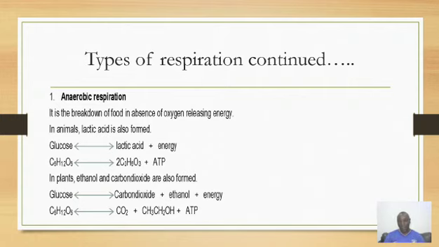I repeat, in animals, glucose is broken down in absence of oxygen, forming lactic acid and energy, and lactic acid is not good for the muscles if it accumulates. Later we shall see how it is dealt with. But in plants, glucose is broken down in absence of oxygen, forming carbon dioxide, ethanol, and energy.